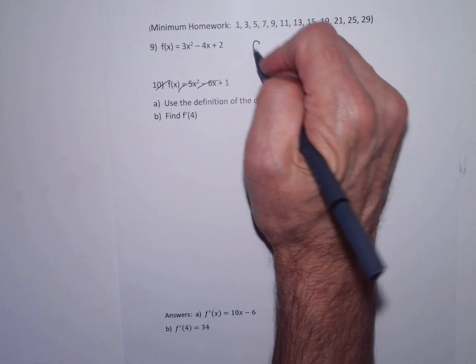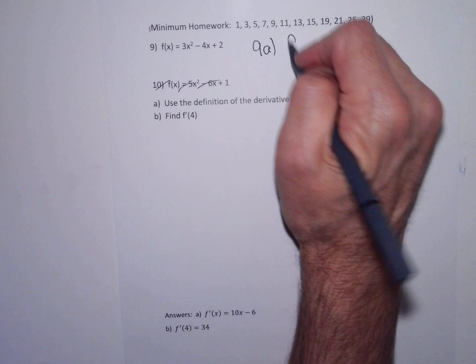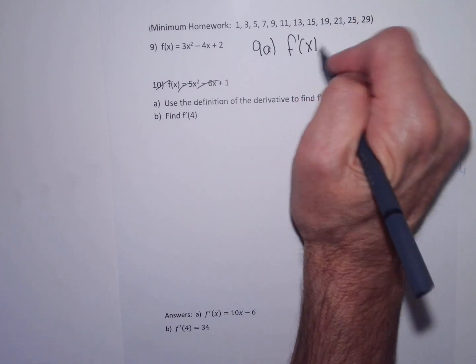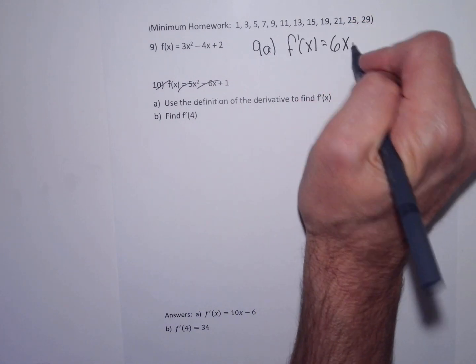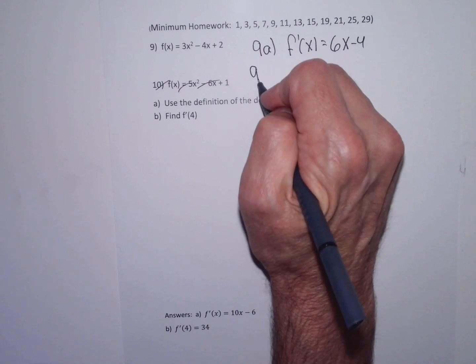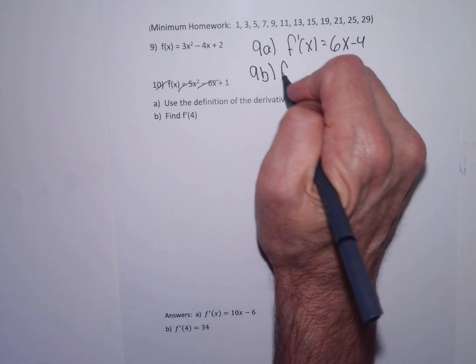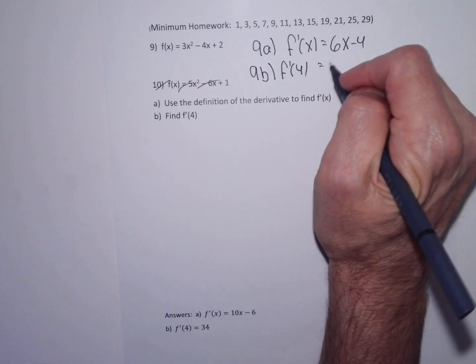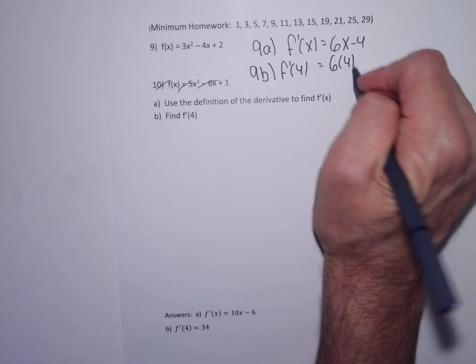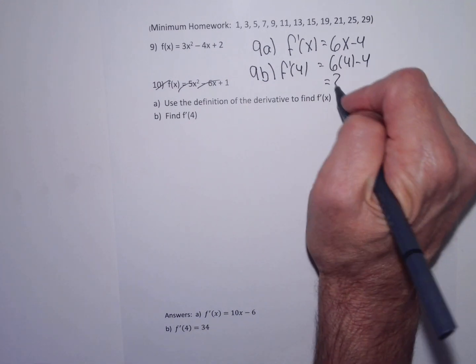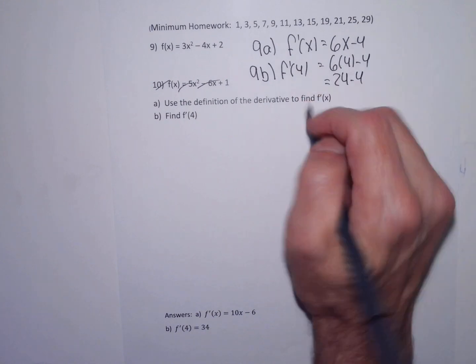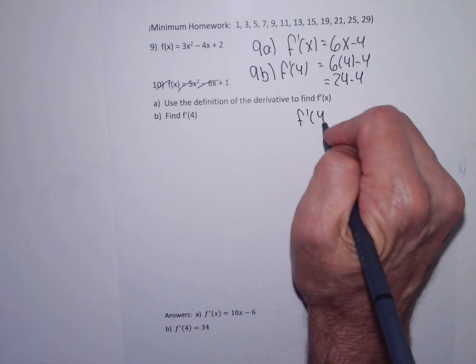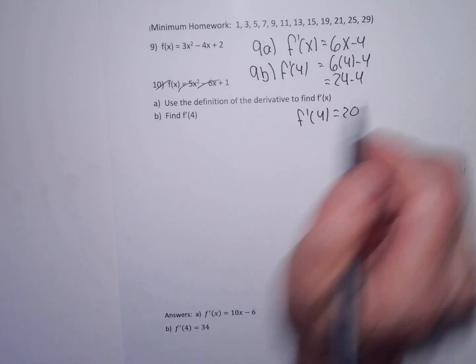So for 9a, f prime of x is 6x minus 4. For 9b, it just wants me to find f prime of 4, and that's just plugging 4 in, or the derivative evaluated at 4. It's going to be 6 times 4 minus 4, which is 24 minus 4. The answer to part B is going to be 20.